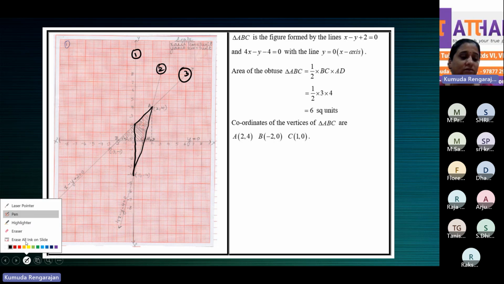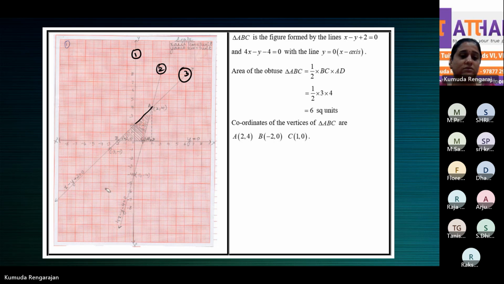I'll do it again. First mark the lines. So I have marked 1, 2, and 3. You can use a pencil, or it's okay if you don't mark. I have marked for explaining. So line 1 is the y-axis. Line 2 and 3 are the two lines, the two equations given to us.